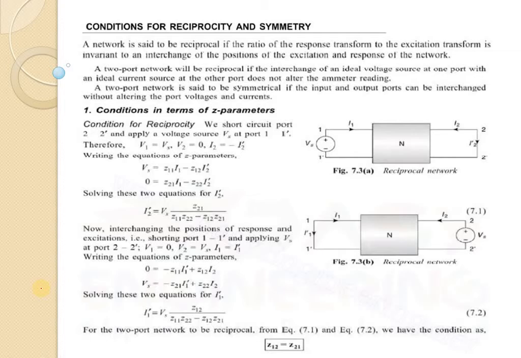A network is said to be reciprocal if the ratio of response to excitation transform is invariant to an interchange of the position of the excitation and the response of the network.